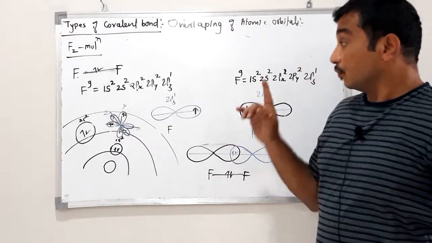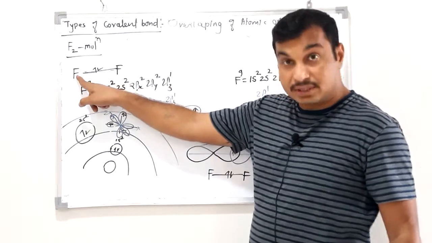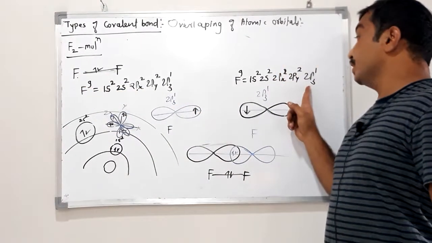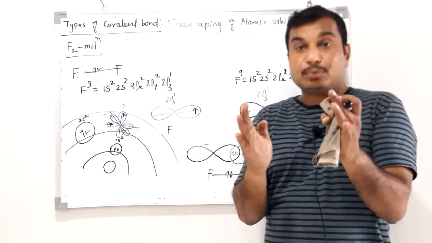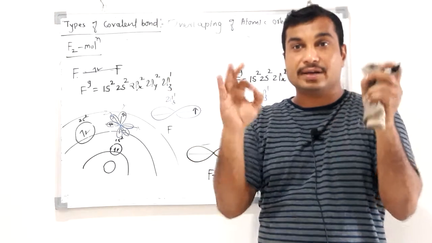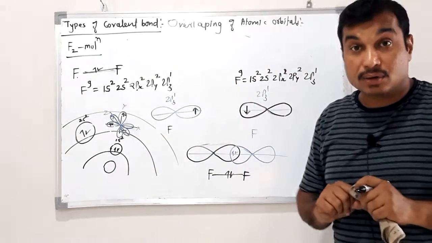Which atomic orbital of F? The 2pz1 of the first fluorine atom and the 2pz1 of the second fluorine atom overlap together and form a covalent bond. Which type of orbital is involved in overlapping?